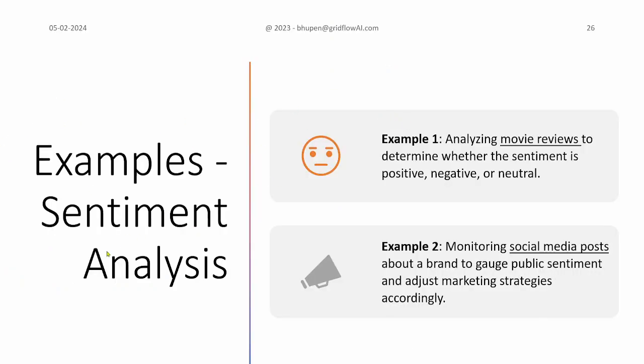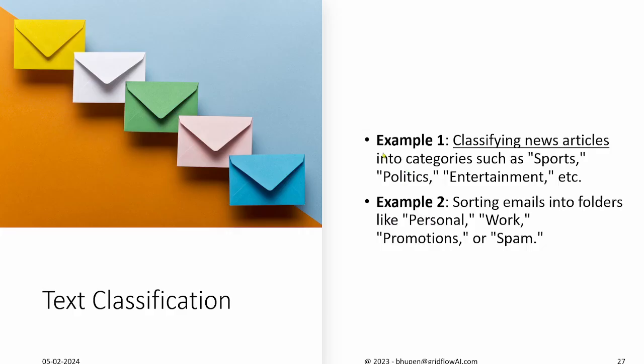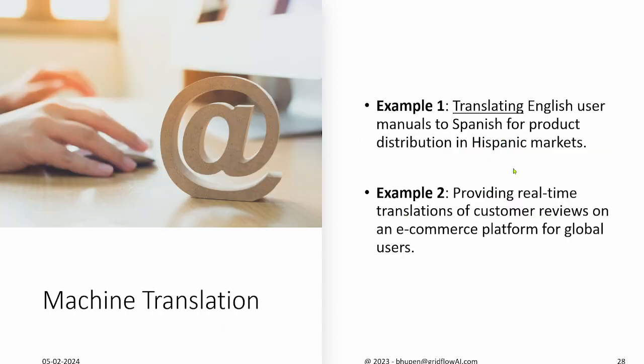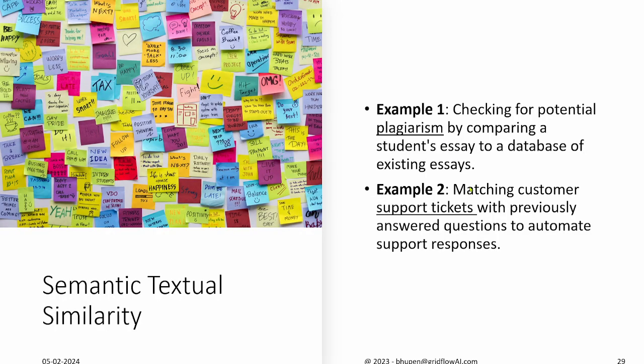Some examples where we use embeddings: let's say sentiment analysis, where you're analyzing movie reviews. Here, each of the words used in the review will be represented using a suitable embedding, and that results in better classification or sentiment analysis. Same for classifying news articles. And in fact, for machine translation, embeddings work really well because of the semantic benefit that you get from the embedding.